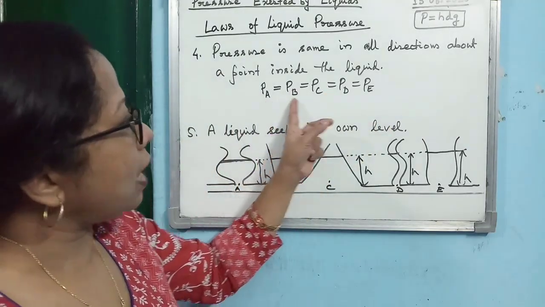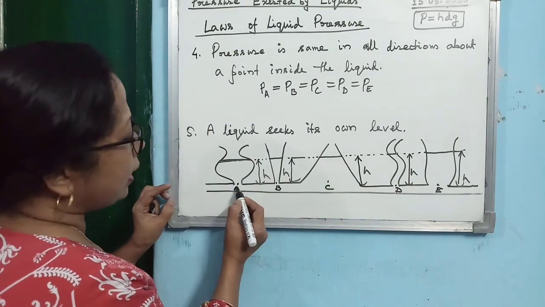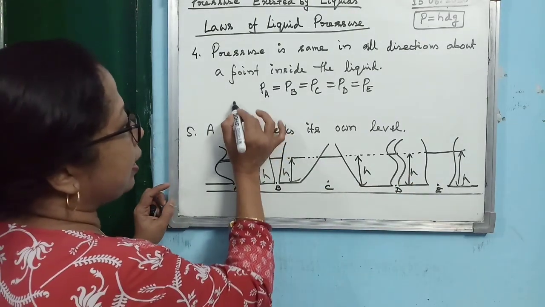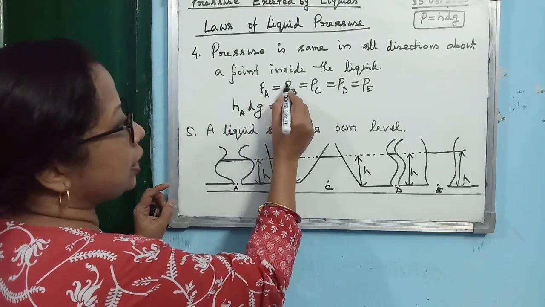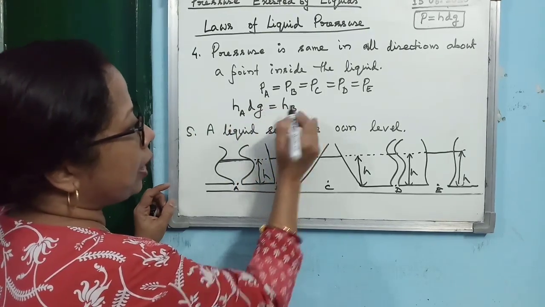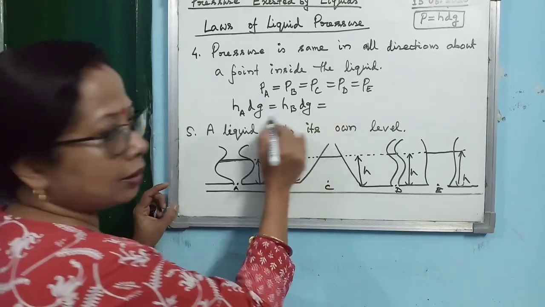So here pressure is the same at all the points. Now you see how you can write the pressure at point A: height at point A times density of the liquid times g. What will be the pressure at point B? Height of the liquid level at point B times density times g.